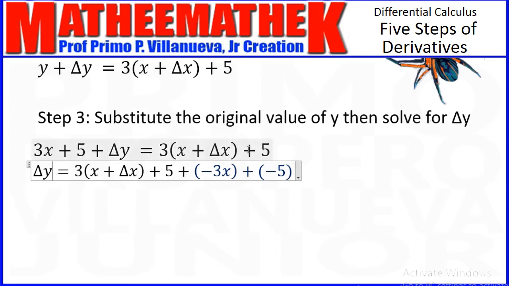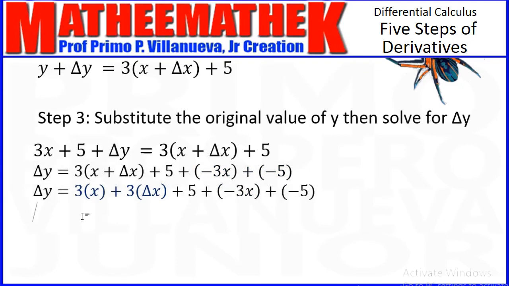Next is we're going to simplify the right side of our equation. And to do that, we have to apply first the distributive property of multiplication over addition, wherein we're going to distribute the 3 to x plus delta x. So we will have 3 times x plus 3 times delta x.